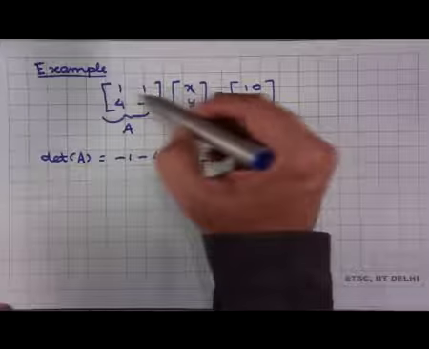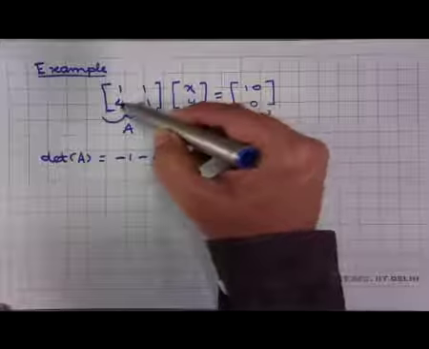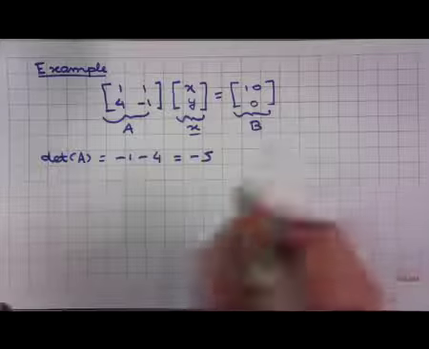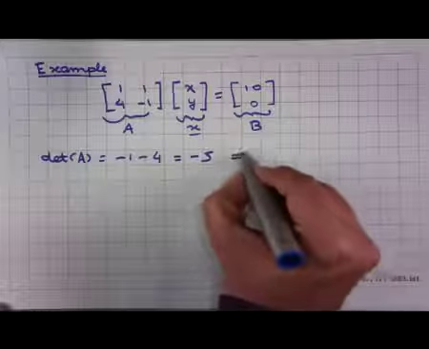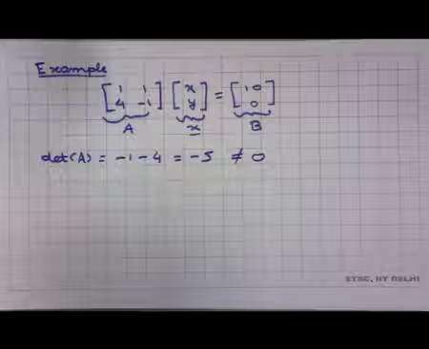So, we are multiplying 1 by minus 1, so that is minus 1, that is why this term comes, and then over here you have minus 4 times 1, so minus 4, giving minus 5. The important thing to note is that it is not equal to 0, and so this is the first case that we apply. And what this tells us is, okay, this system of equations has a solution.